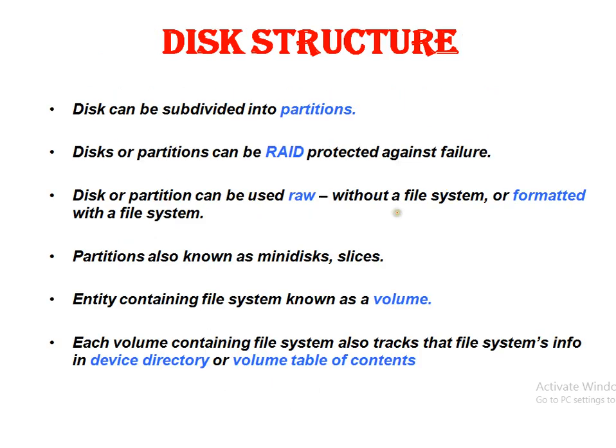Next, we shall see the disk structure. A disk can be subdivided into partitions. Disks or partitions can be RAID protected against failure. What is RAID? It is again a storage device. RAID is a storage area network wherein you store the contents of your file.